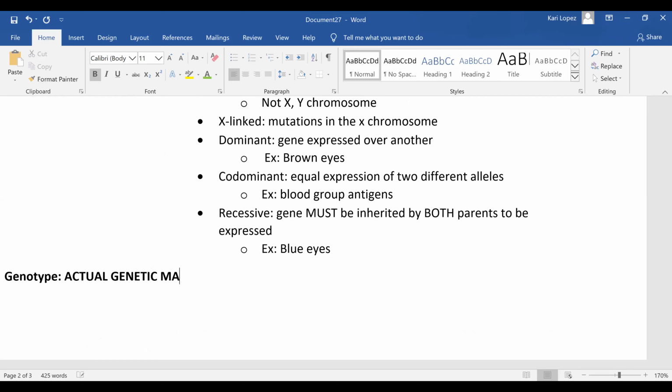And what it is, is every possible combination of maternal and paternal alleles of a particular gene.